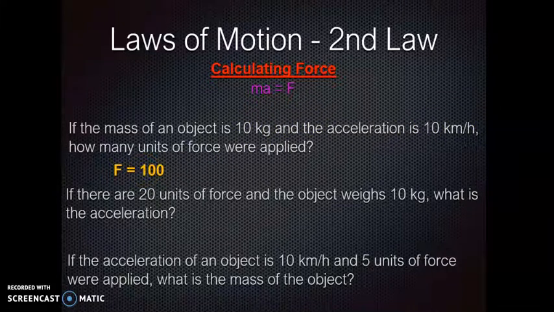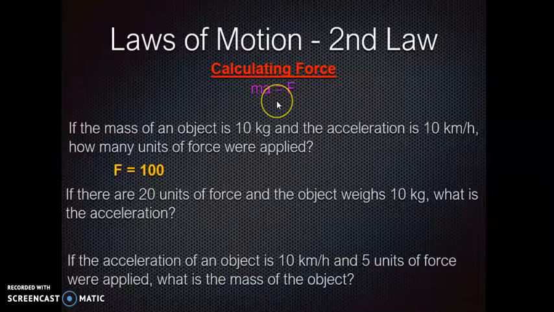Second question: if there are 20 units of force, now we have our force already. We have 20 units of force and the object weighs 10 kilograms. We have our mass and we have our force. What is the acceleration?